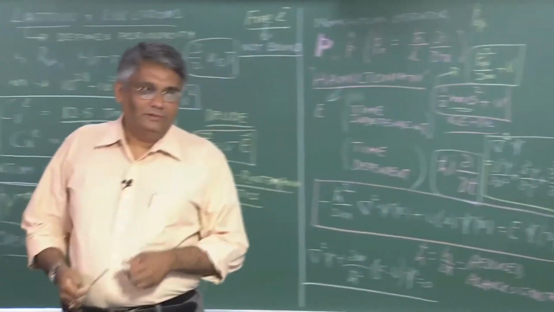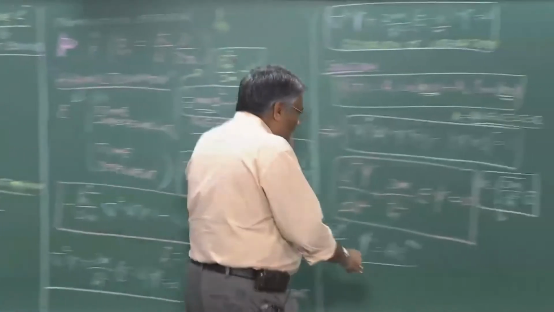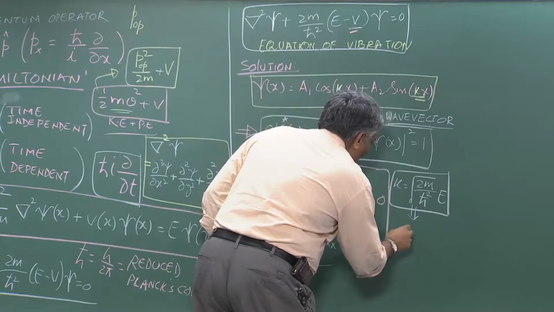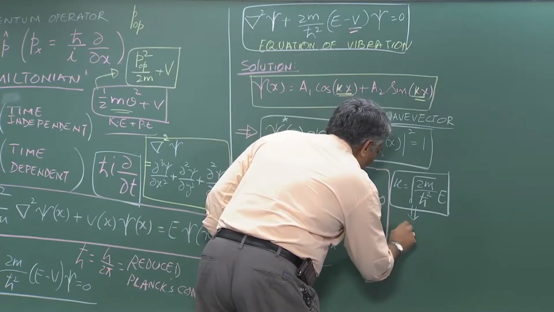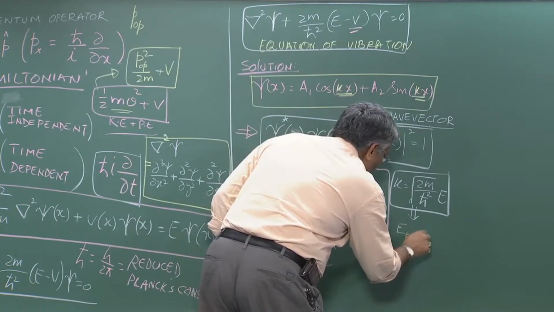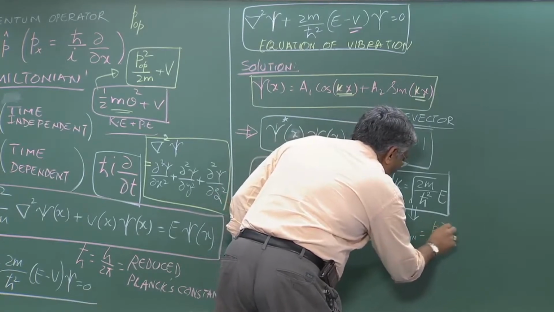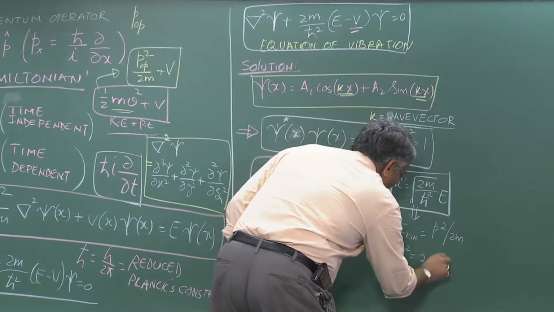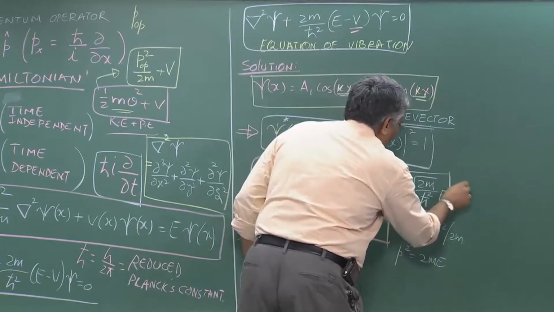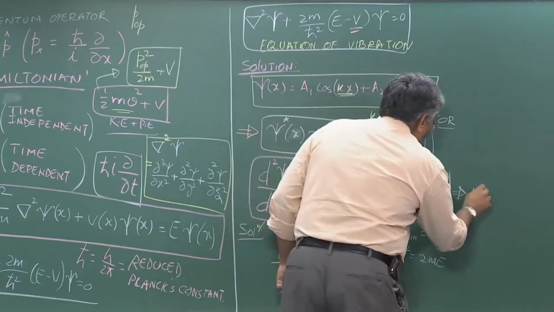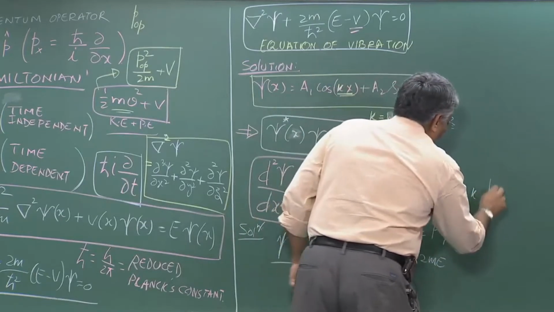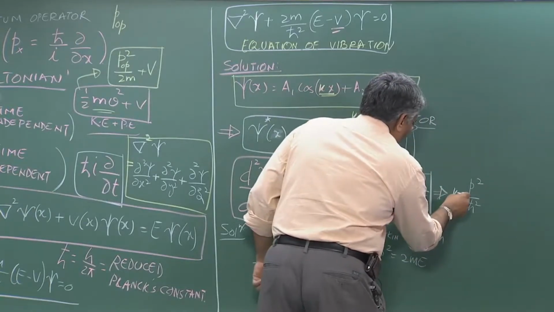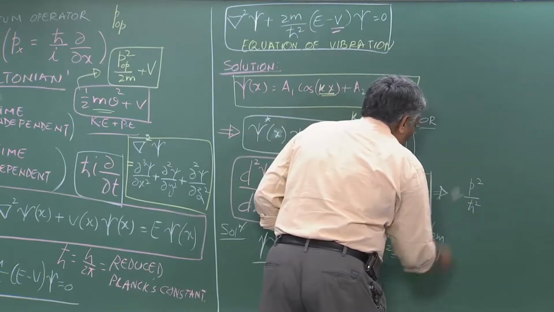Why is it called a wave vector? Look, now, if I take the kinetic energy E, which is p square by 2m, your p square term becomes 2mE. Now, if you replace that here, your k is, is it not?